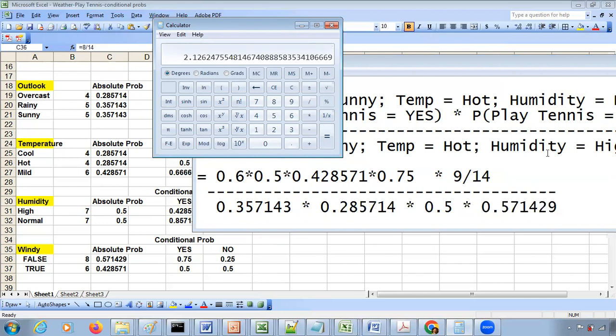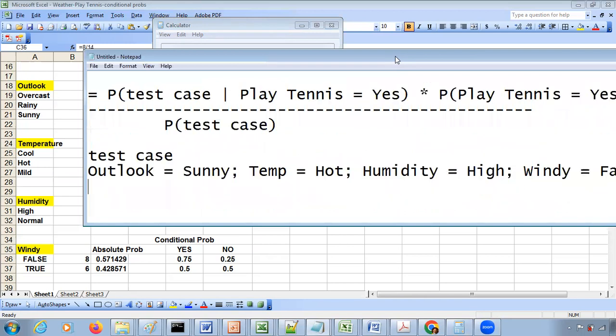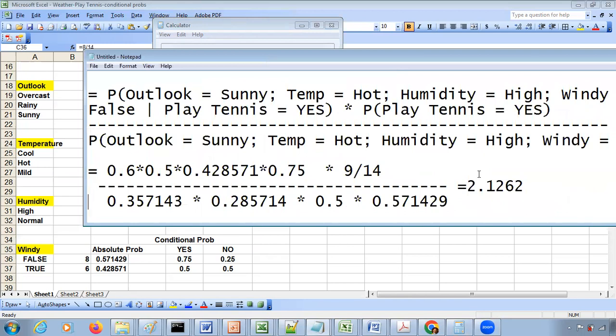It's going to be 2.1262. So this is the probability that given this test case, somebody will play tennis equals yes. So that's the probability, 2.1262.